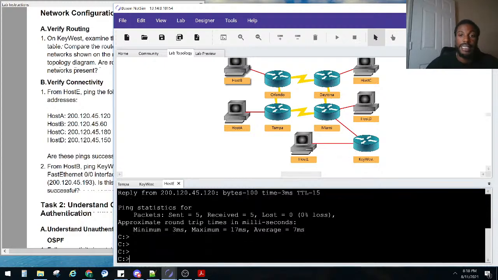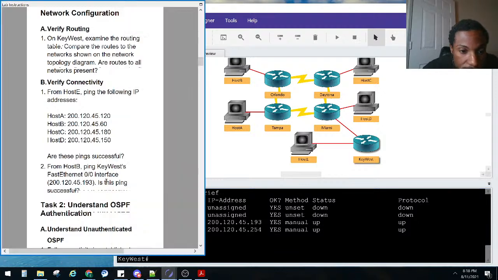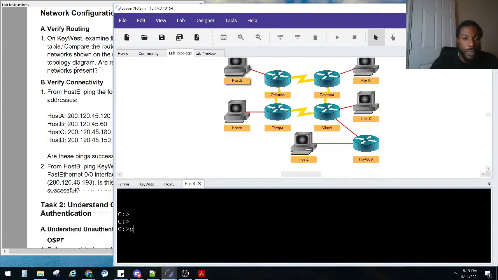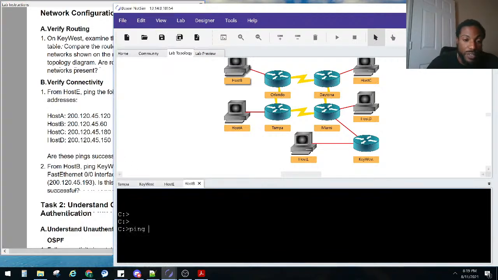Let's go to Key West and see what FA0/0 is. FA0/0 is that right there, 45.193. So that's the outside network. From host B, we'll ping that. See, he wanted me to ping 200.120.45.193, right?